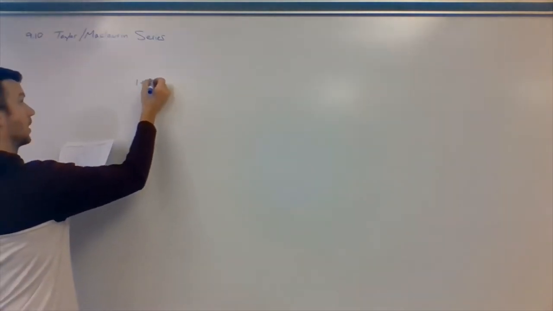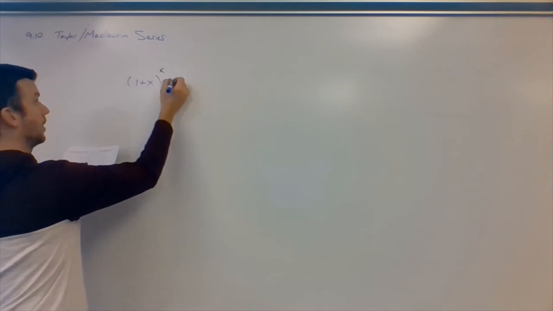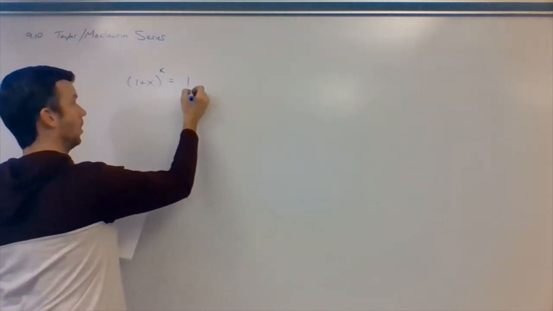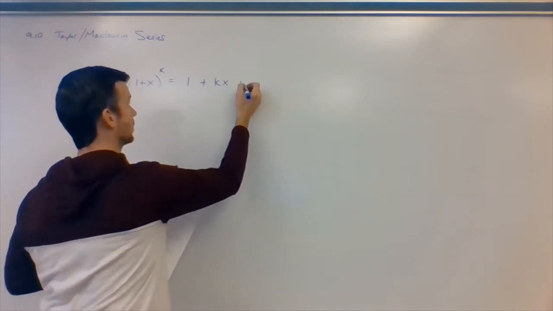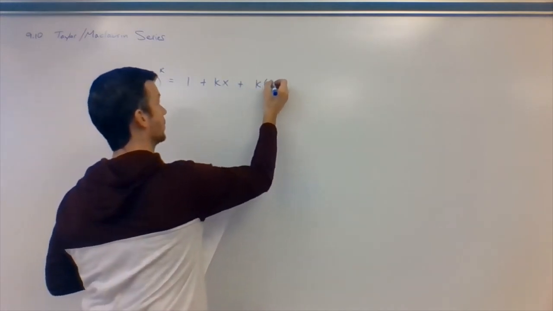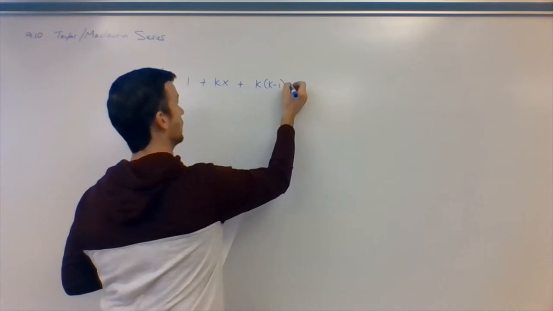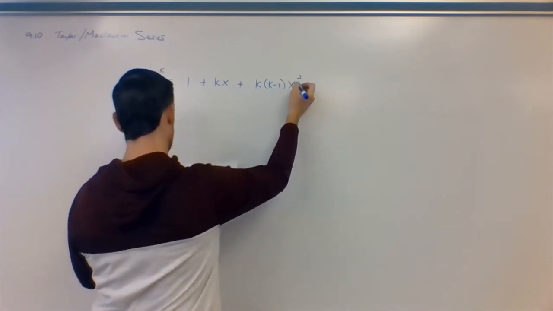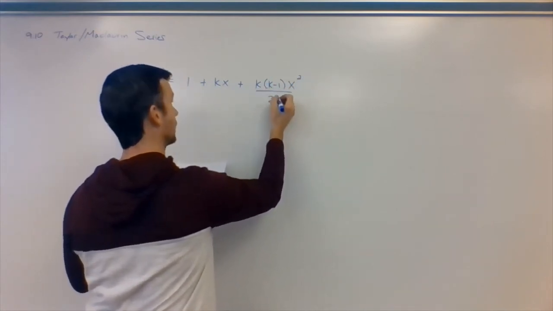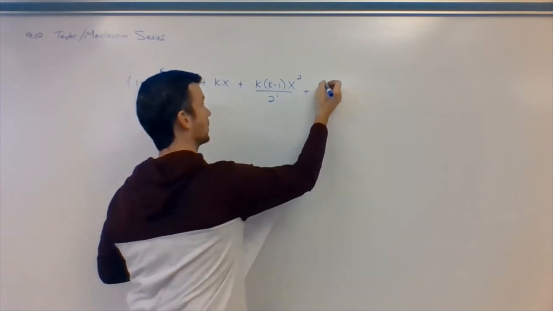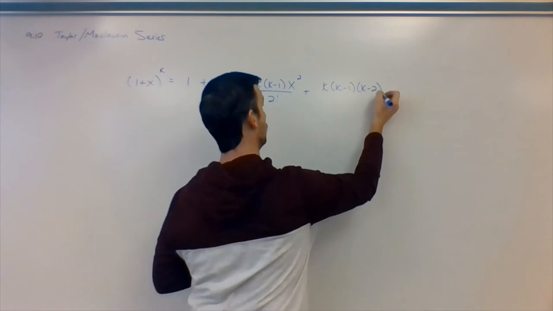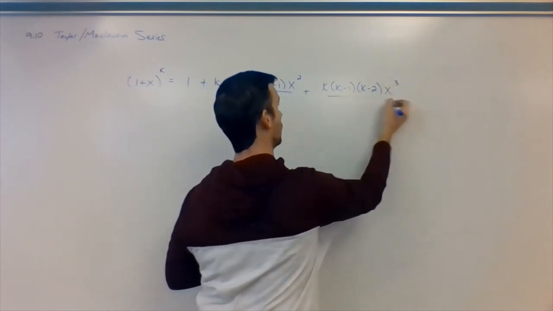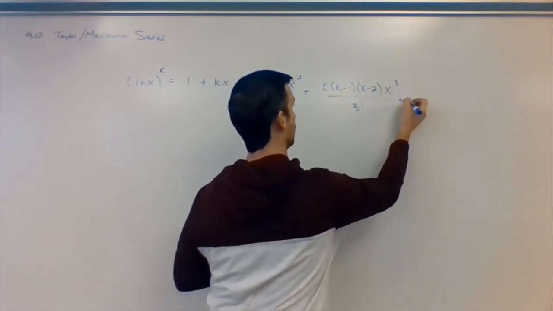So I have 1 plus x to the k ends up being 1 plus k times x plus k times k minus 1 times x squared divided by 2 factorial plus k times k minus 1 times k minus 2 x to the third over 3 factorial.